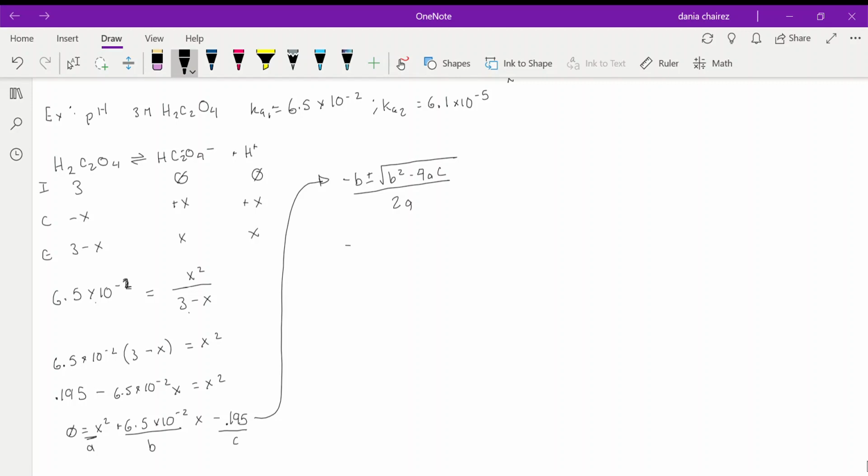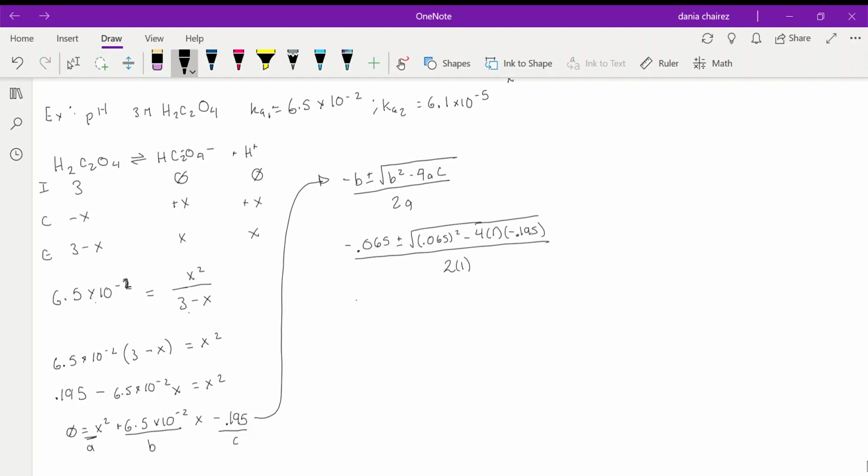So 6.5 times 10 to the negative 2 is equal to 0.065, so that's what I'm going to write it as: negative 0.065 plus or minus the square root of 0.065 squared minus 4 times 1 times negative 0.195, all over 2 times 1.